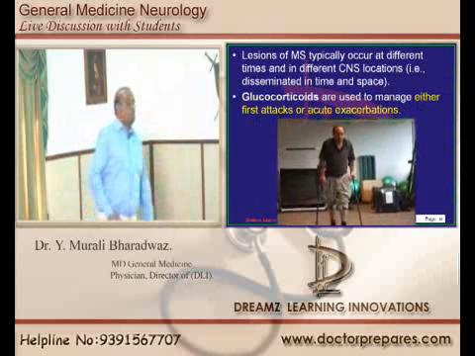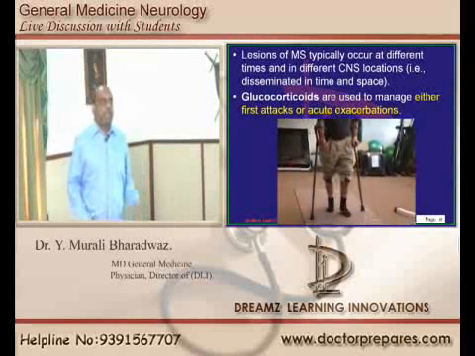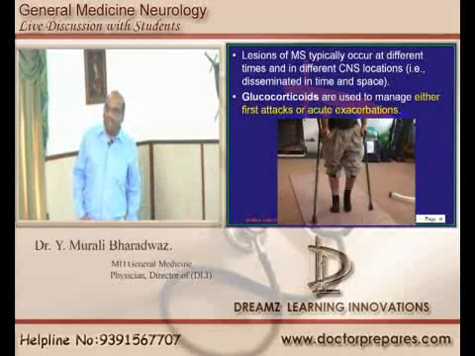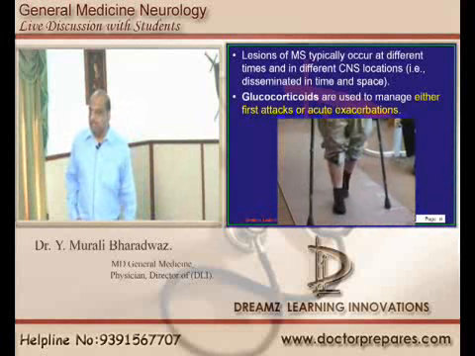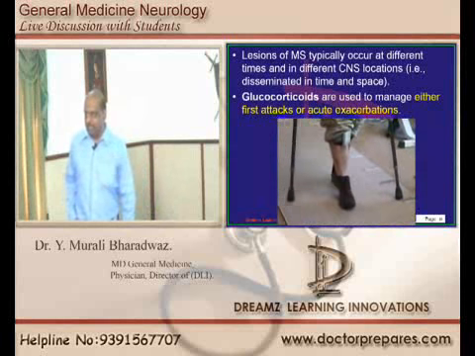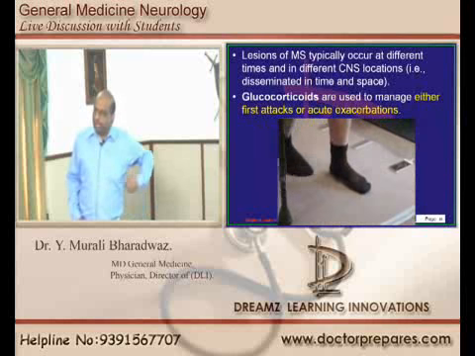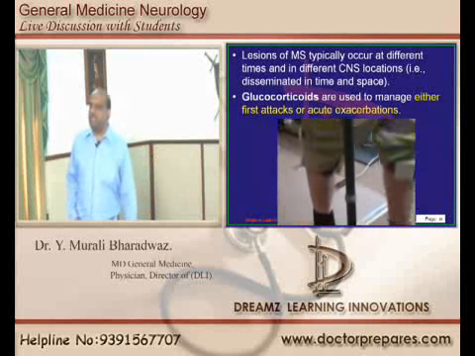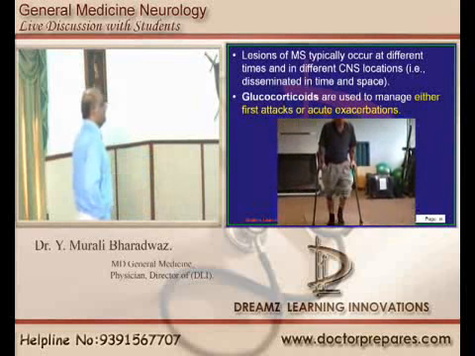How does a patient with multiple sclerosis present? He may present with gait disturbance. Visual blurring can be there. Then there is a feature called Lhermitte sign, an electrical shock-like sensation passing along the spine. Any of them can be the presenting features.